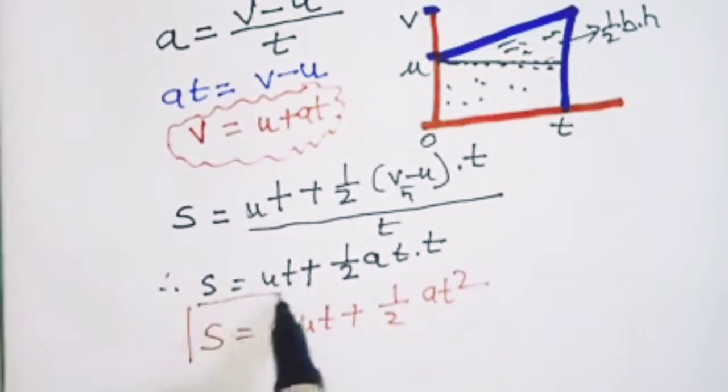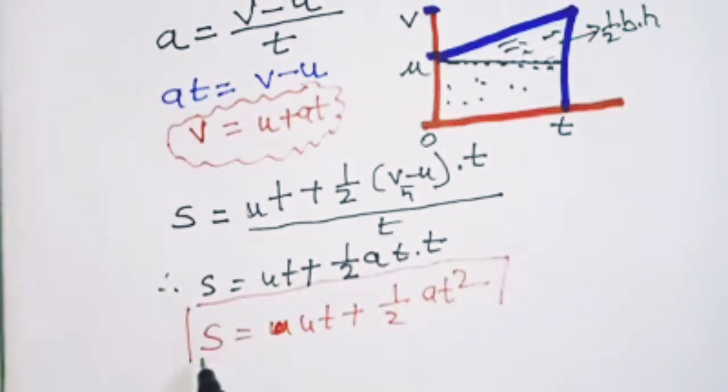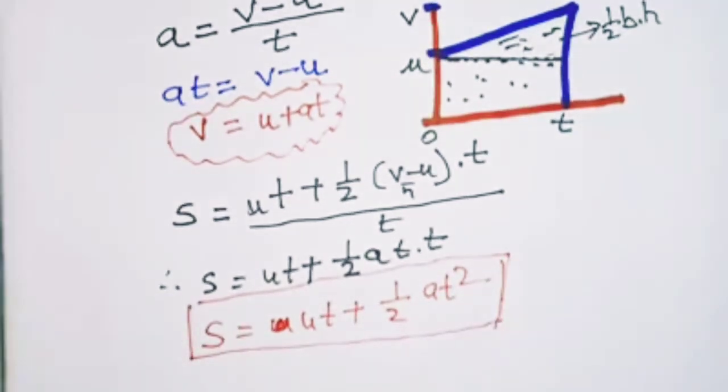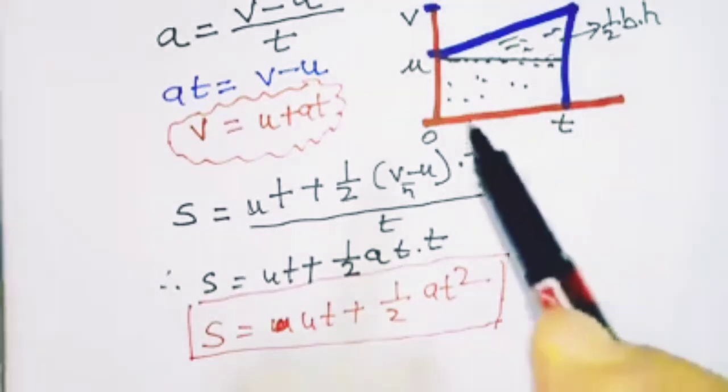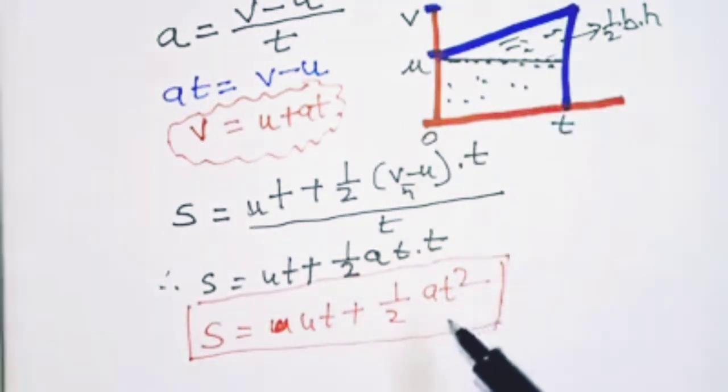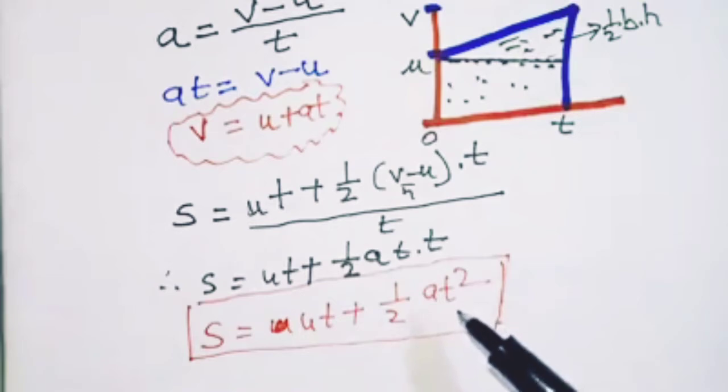And this is yet another formula which we get. So you see, what is the distance covered? Distance covered is the initial velocity that we started with multiplied by the time that we travel, plus half of the acceleration A multiplied by time squared, right?